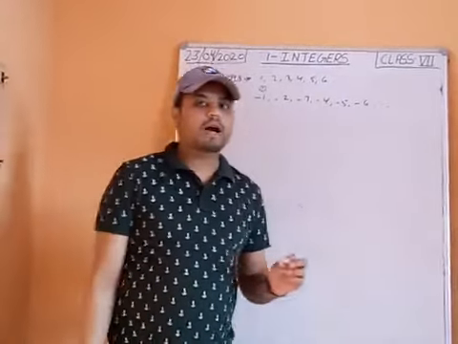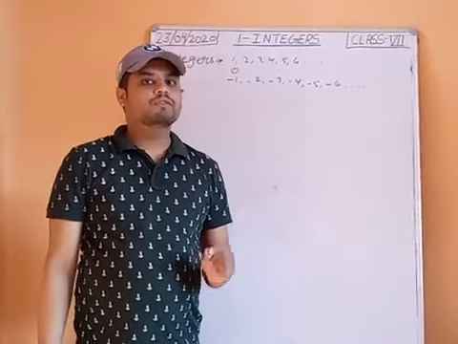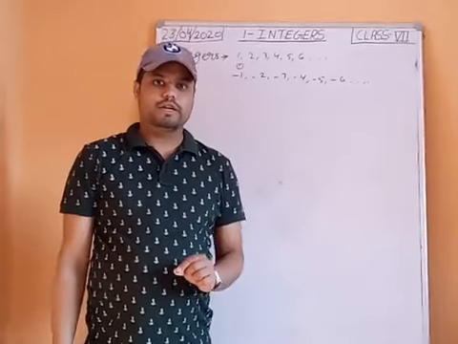Negative natural numbers are also infinite. So all the natural numbers, 0 and negative of all natural numbers are called integers.